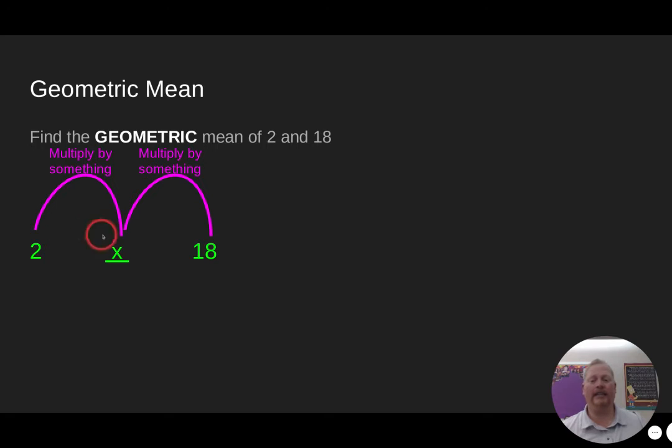So instead of adding to get to the middle and then adding to get to the end, I'm multiplying to get to the middle and multiplying to get to the end. So the idea to focus on is the ratio of 2 to x is going to be the exact same thing as the ratio of x to 18. Okay? So here we have a proportion, and we can now solve that.